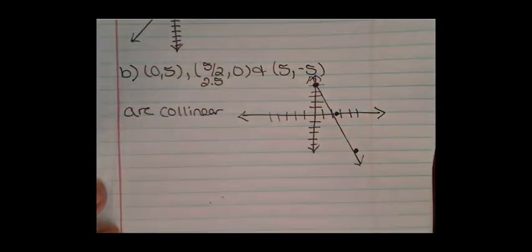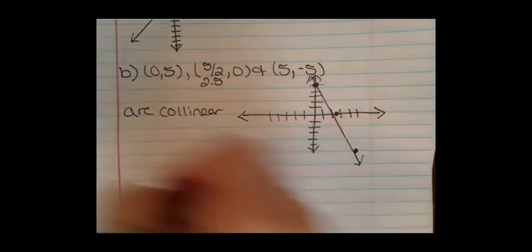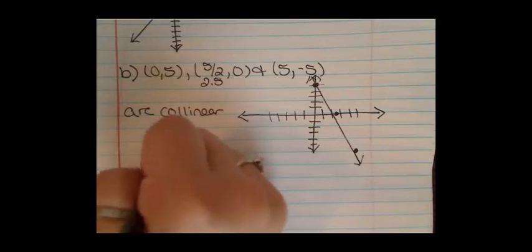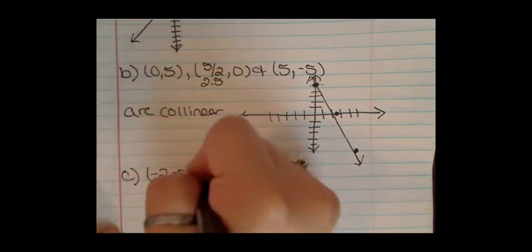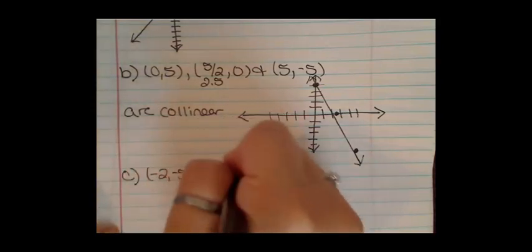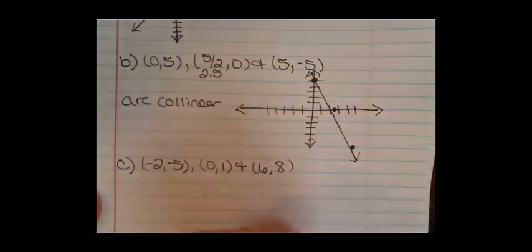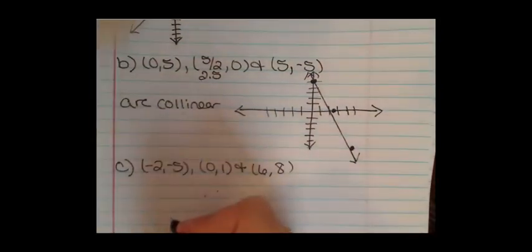So obviously we're going to have to do one more example so that you can see ones that aren't. Negative 2, negative 5, 0, 1, and 6, 8. So let's make our graph.